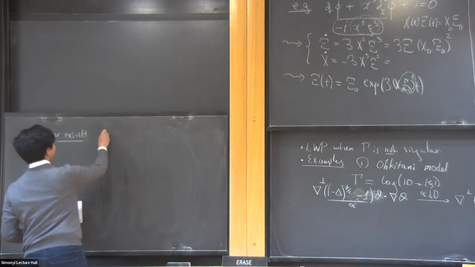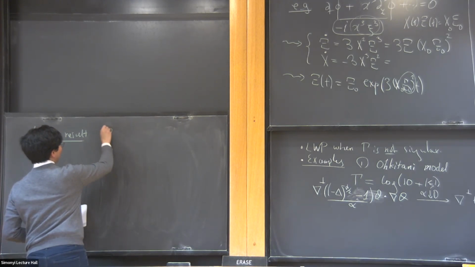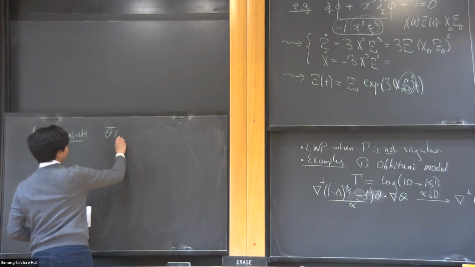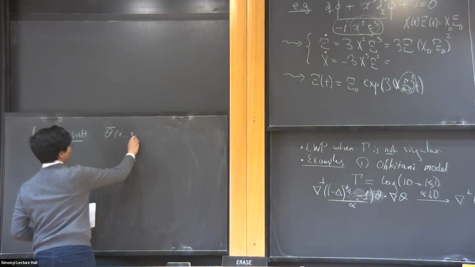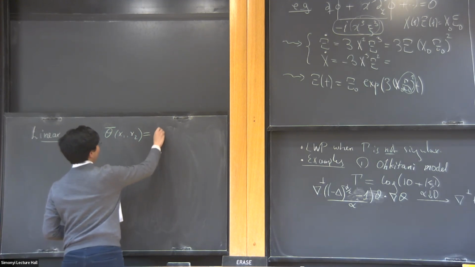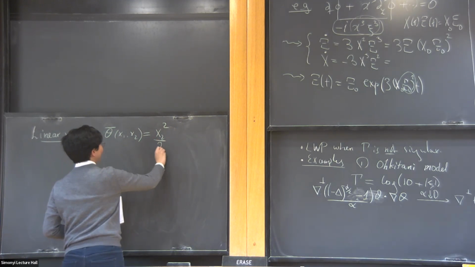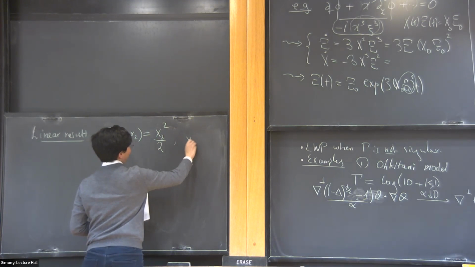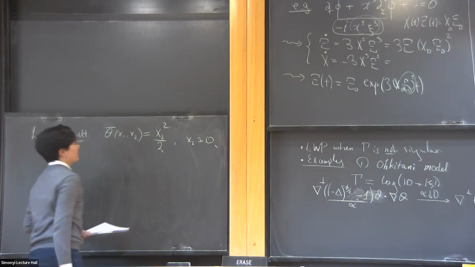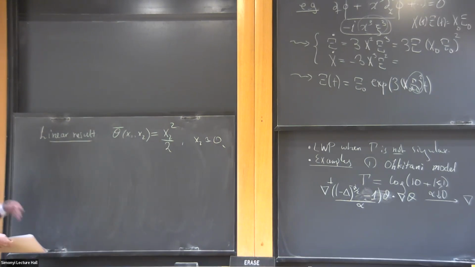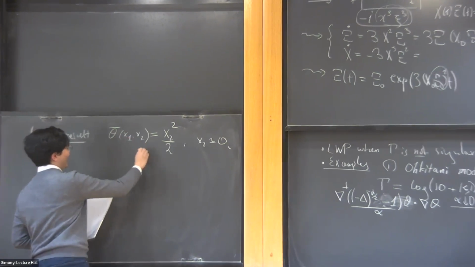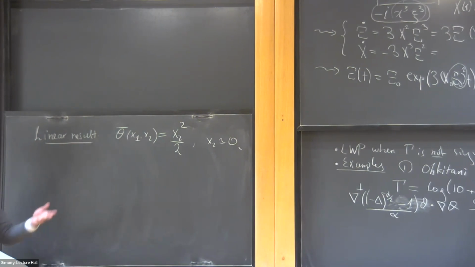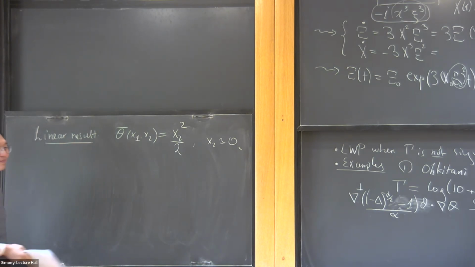So for instance, if you take a solution which is, for instance, x2 squared over 2 near x2 equals 0. Any function which is a function of the second variable only is a steady state. This is a shear flow in terms of the velocity.